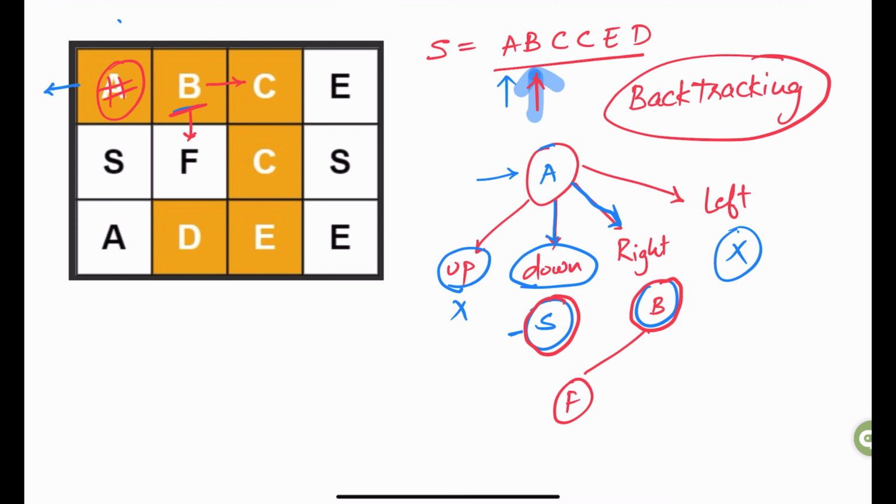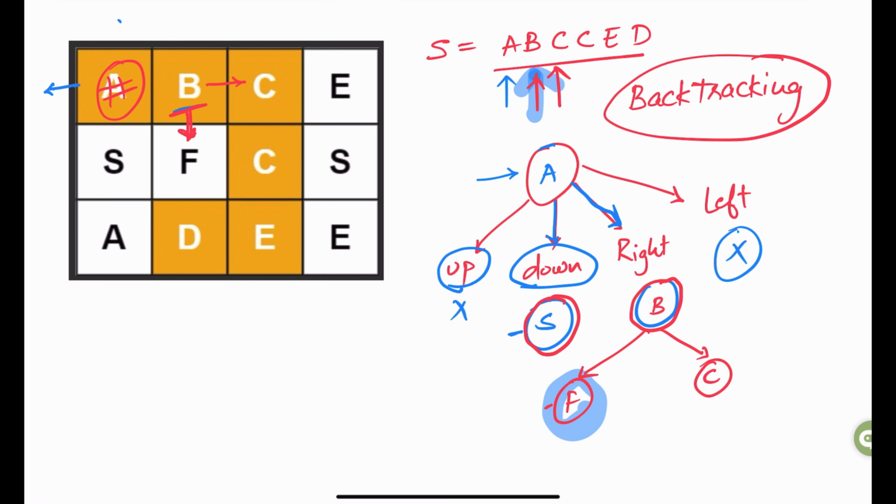Now considering B as the parent node, we have two directions where we can go. We can't go left because that's the direction we came from. So we have bottom and right. The values are F and C. So we'll compare these values against the next character in the input string, and if the characters match, we'll go in that direction.